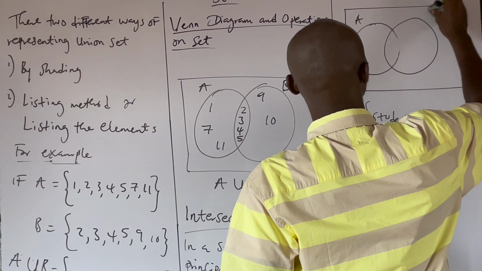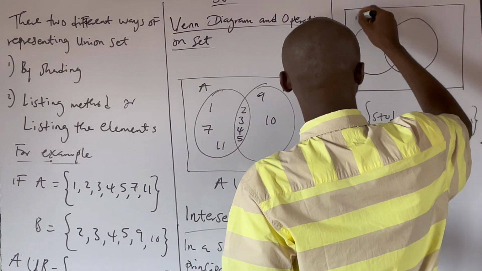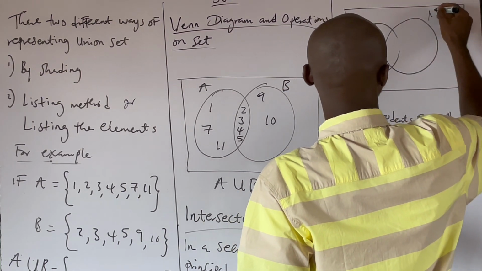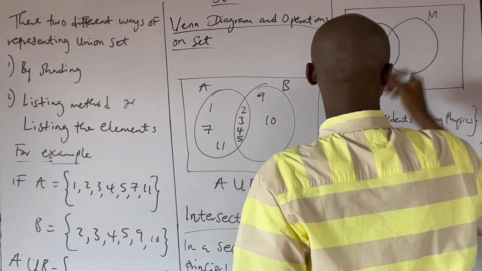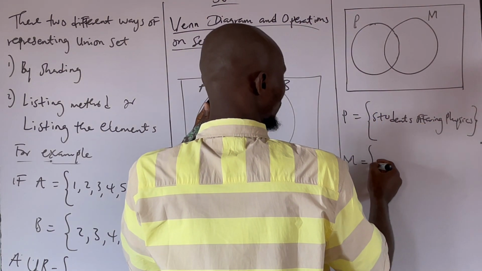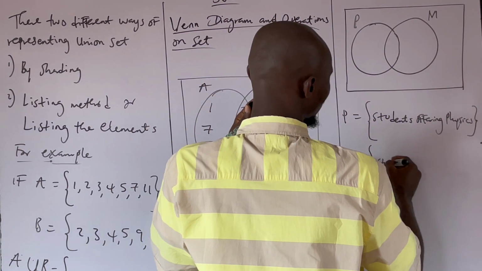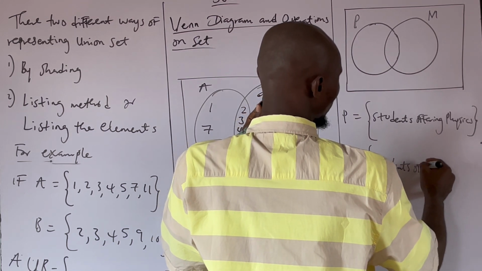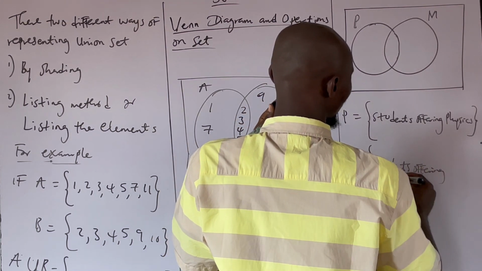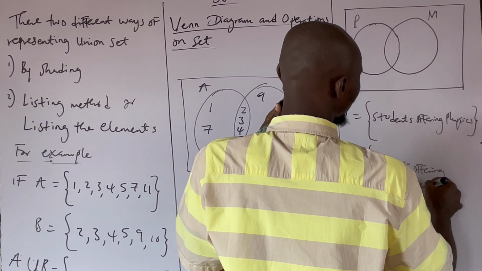I'm going to clean this B and A. So here is P and here is M. So M now is the number of students offering mathematics.